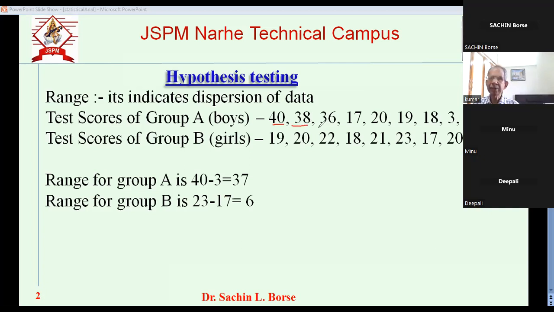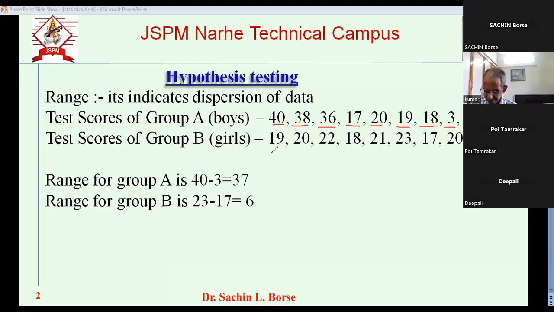You add 40, 38, 36, 17, 17, 20, 19, 18, 3, 5, 4. Add all the numbers. The mean for the boys is 20. So we simply add the numbers and divide by how many readings there are. Here there are 10 readings, so the average, or mean, is 20.